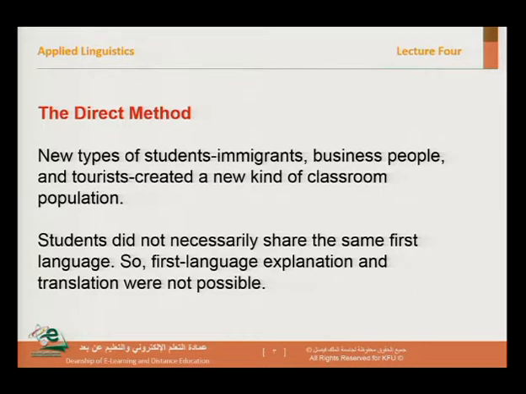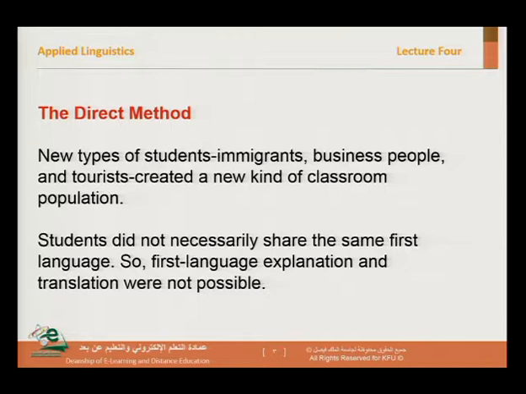Because it was a response to the grammar translation method, in which the student's own language, Arabic, was dominant all the time, or most of the time, here the student's own language was not used. So the students did not necessarily share the same first language.